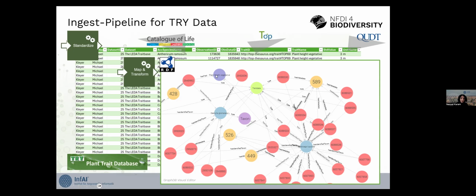We concentrated on the plant height and vegetative traits in this dataset. So you see all the connections, and you see all the trait data that pertain to a specific taxon. And additionally, there is also some metadata about the datasets.